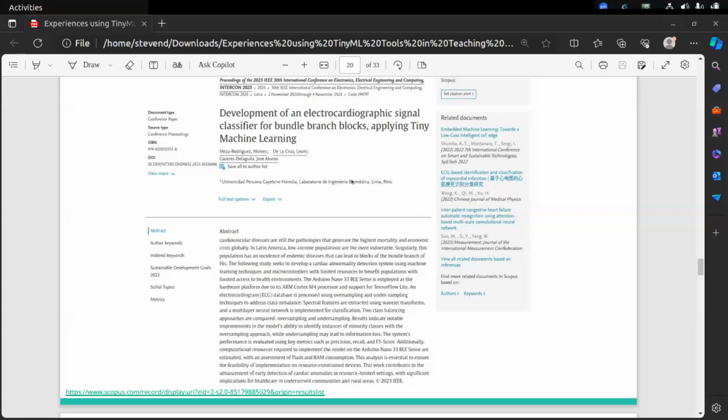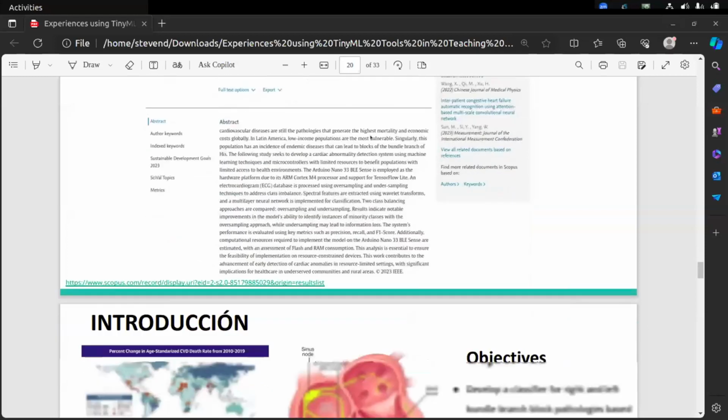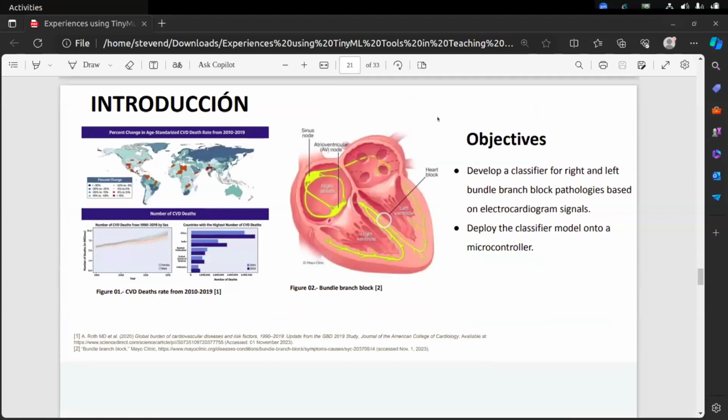It is a project in which we classify electrocardiographic signals for bundle branch block. It is a common problem that blocks the electricity that flows in our heart.